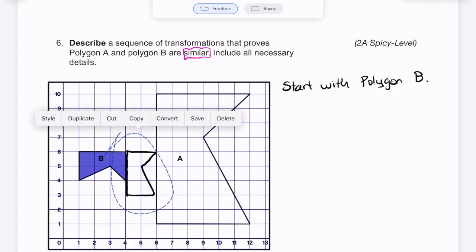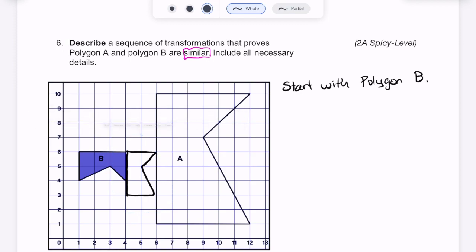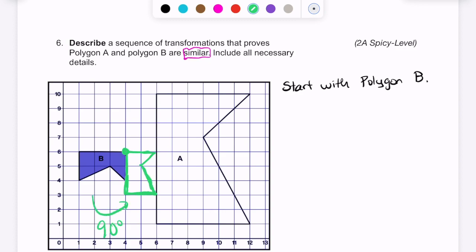Okay. And what I just did, let me redraw it, is I made this point my center of rotation. I spun it so we got here. So I spun it 90 degrees. That's a quarter turn, 90 degrees counterclockwise. So that's not the way the clock spins, it's the other direction.